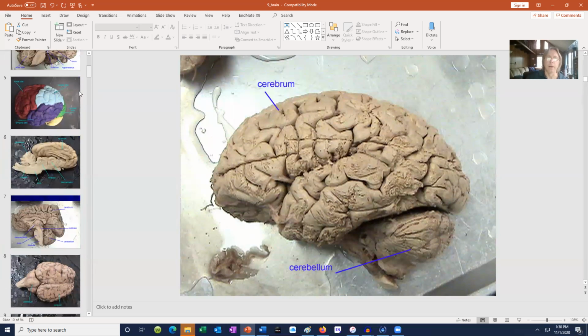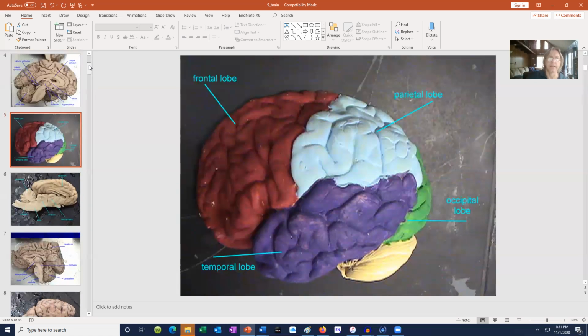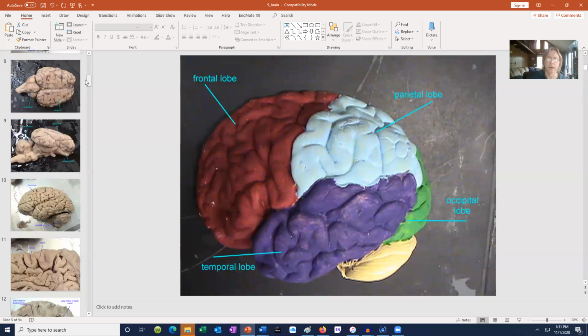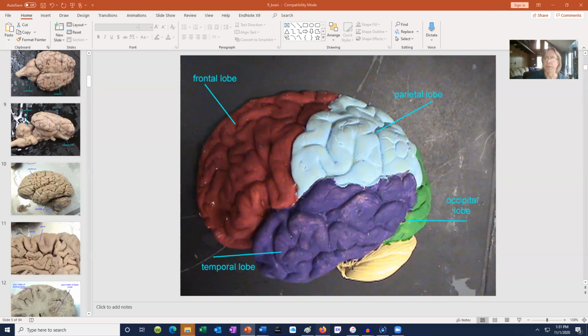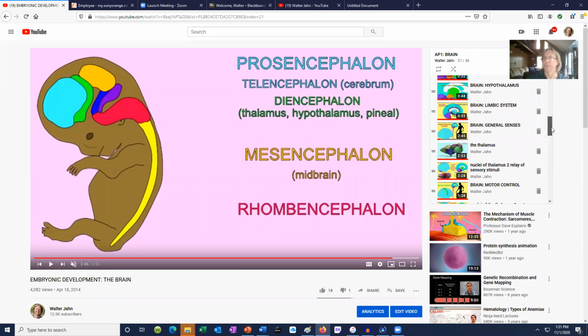And so the significant thing about the cerebral cortex is, once again, these folds, the gyri and the sulci, which give so many more neurons, and thus so much more processing ability.